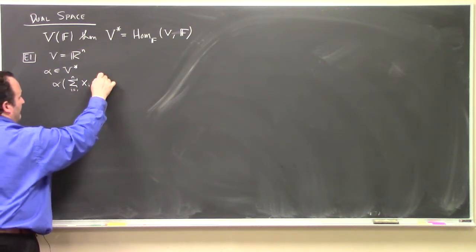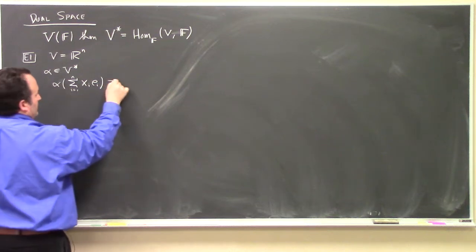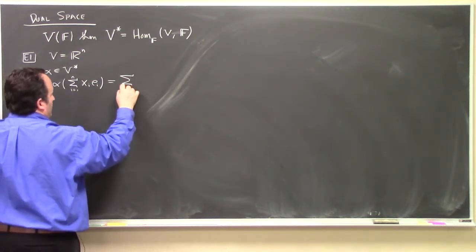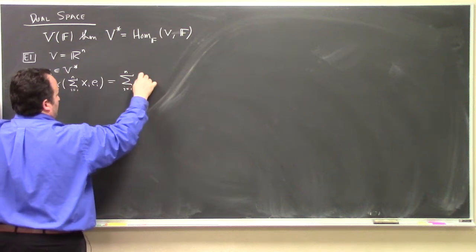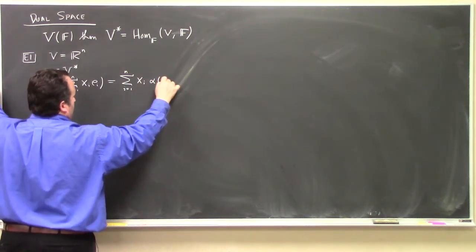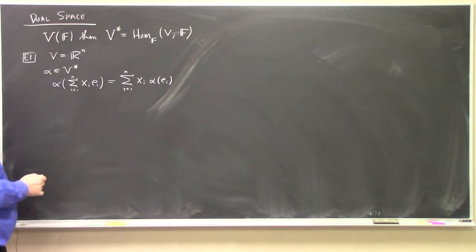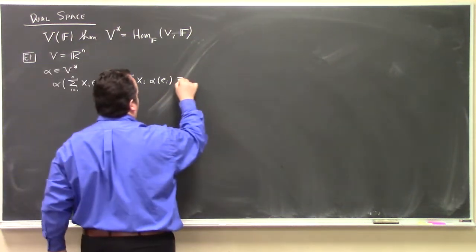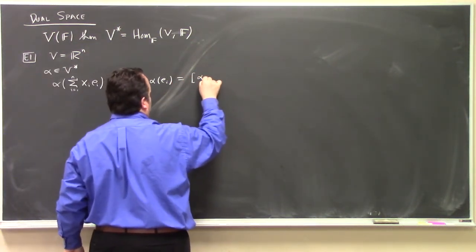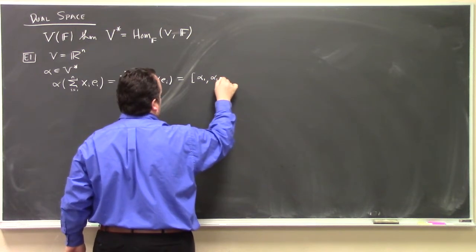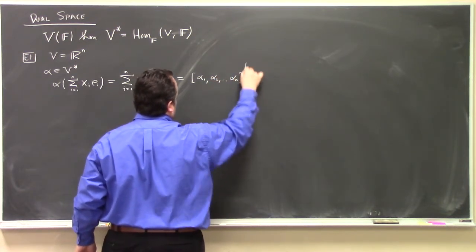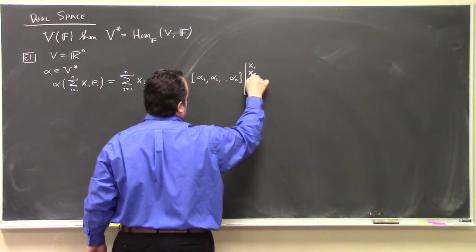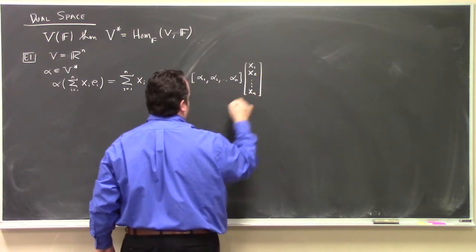So alpha of that is the sum i equals 1 to n of xi alpha of ei, which you could write as alpha 1, alpha 2, ..., alpha n times x1, x2, ..., xn.